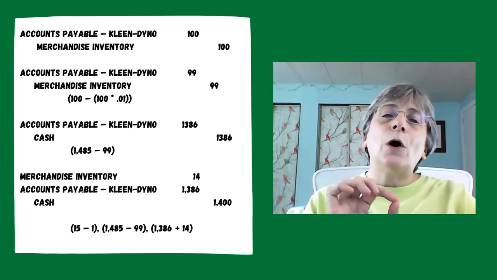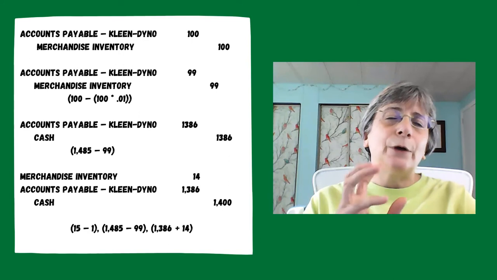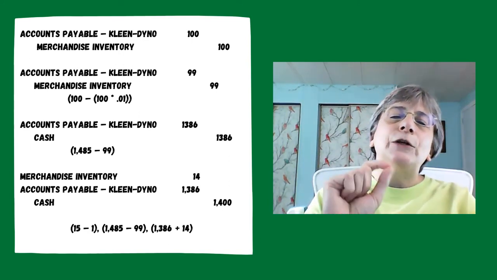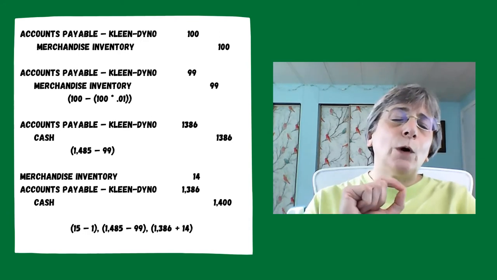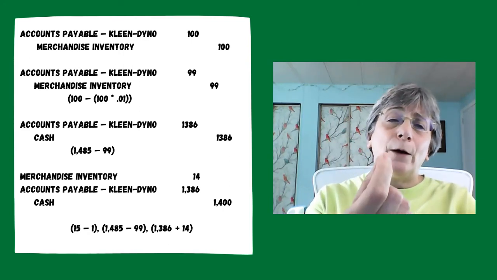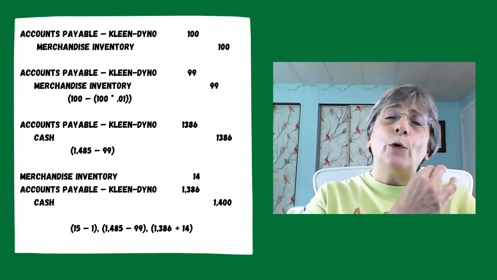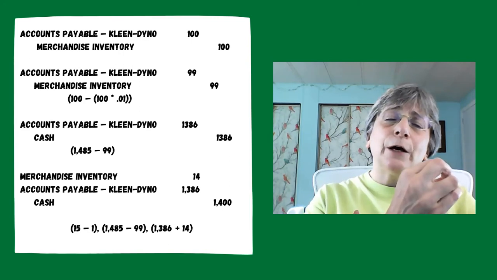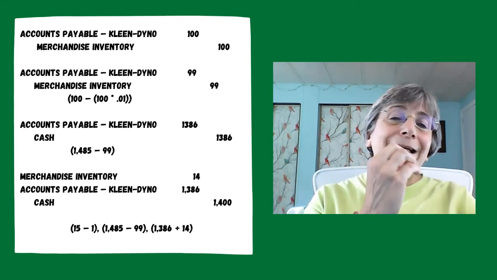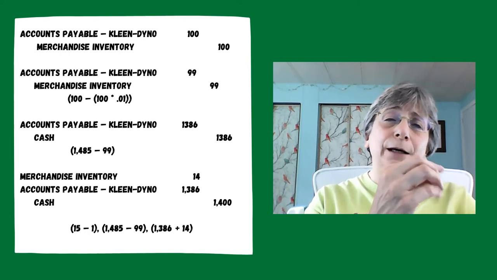Now we also are losing out on the discount that we've already booked. So now what we need to do is add the difference in cost between what we would have paid if we paid within terms and what the full amount was that we're now paying. So originally the amount was $1,500 and we returned $100. So we owe Clean Dino a total of $1,400.